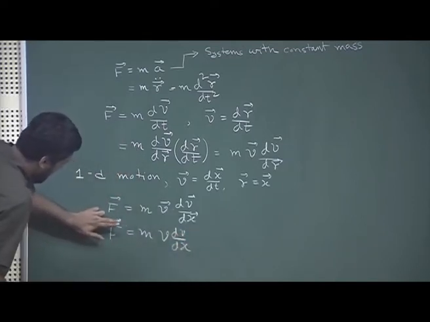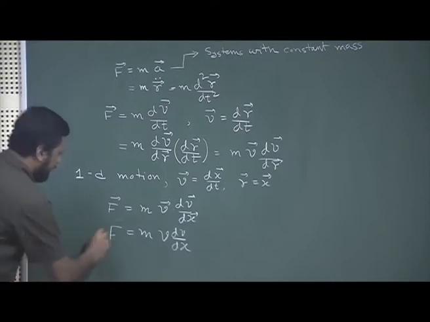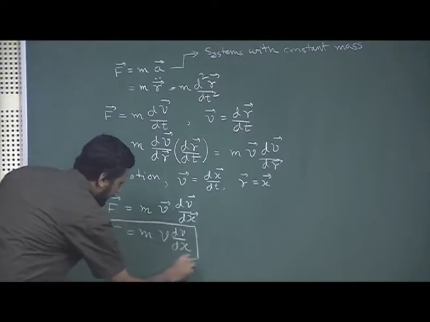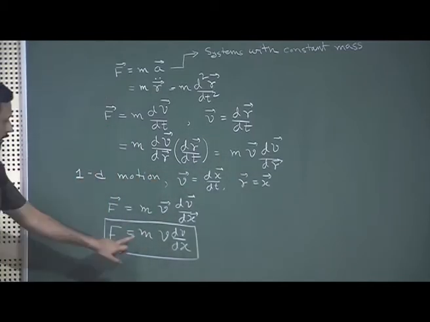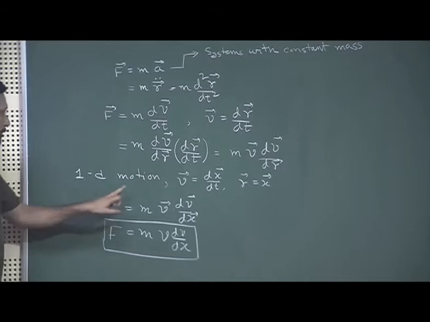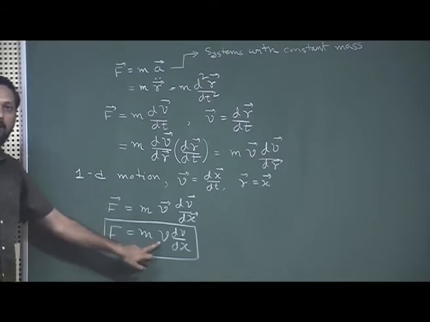Sorry, there is no vector sign here. So, this equation is the scalar equivalent of the same equation for one dimensional motion, when the motion is only along x direction.